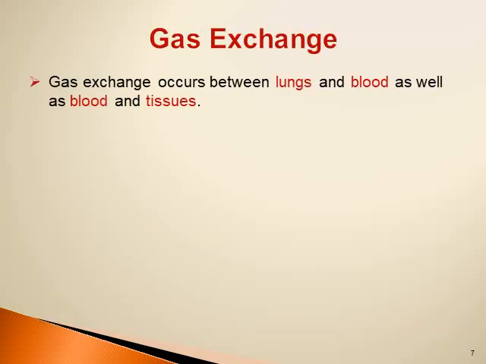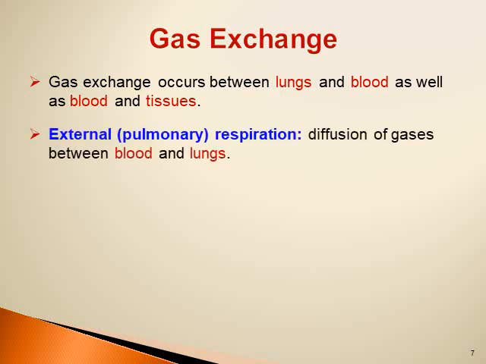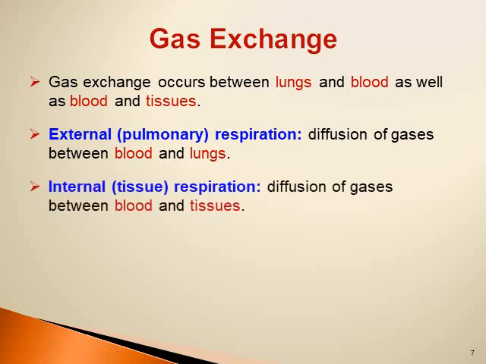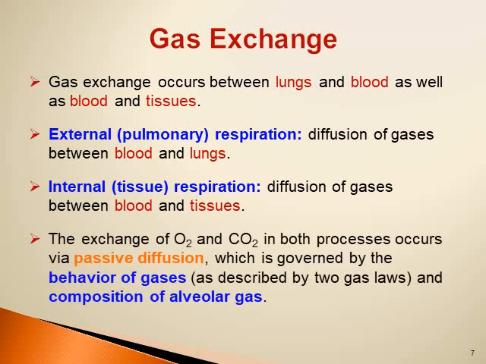Gas exchange occurs between lungs and blood, as well as between blood and tissues, the peripheral tissues. We have a term called external respiration or pulmonary respiration, which is the diffusion of gases between the blood and the lungs across the respiratory membrane. The internal respiration or tissue respiration is the diffusion of gases between blood and peripheral tissues.